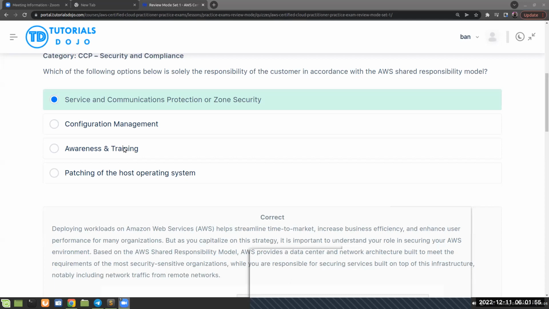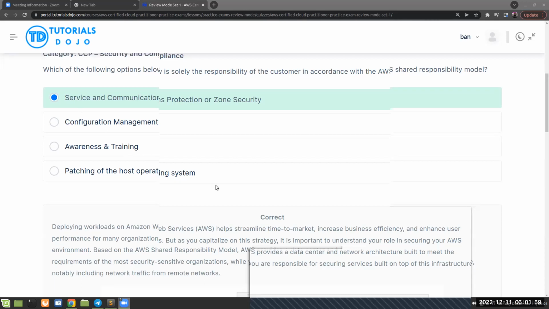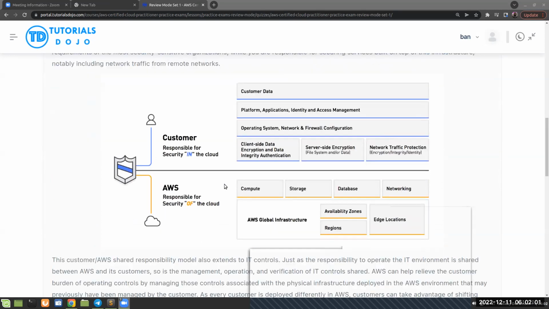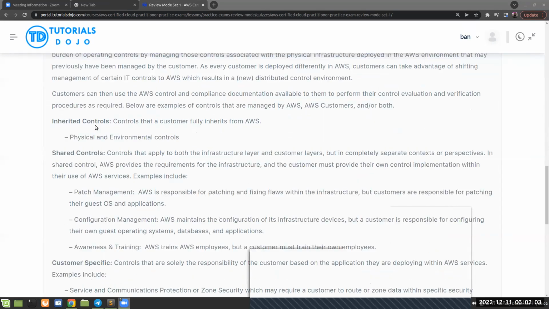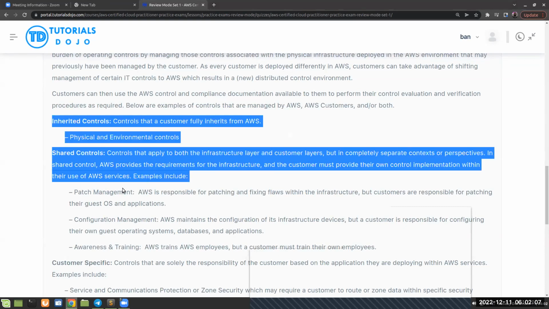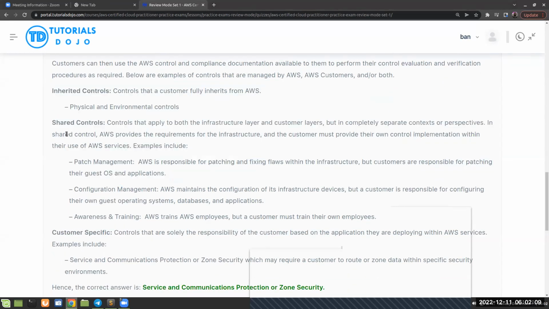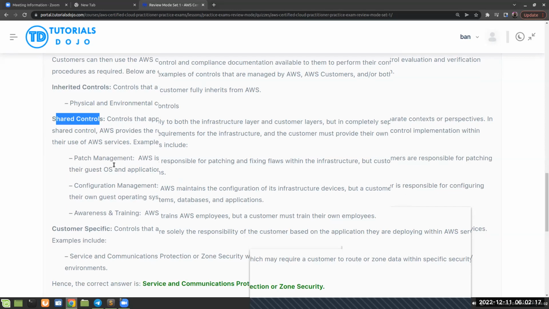Same for awareness and training. Patching the host operating system is done by AWS. These are the key things that you need to remember. Shared controls are patch management, configuration management, and awareness training, which are done by AWS and the customer.